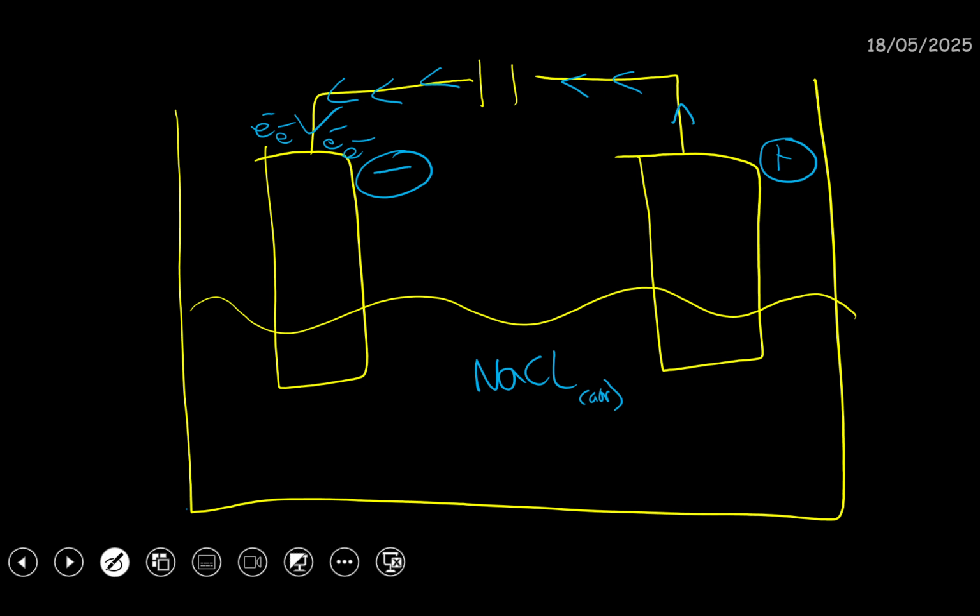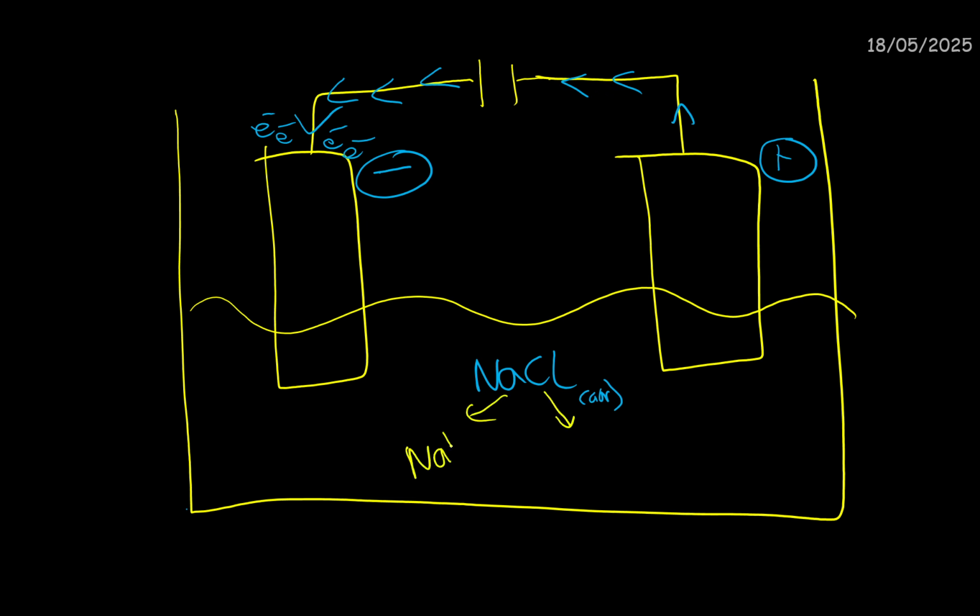When we turn on the electricity, the NaCl splits into Na plus and Cl minus. Now look, opposites attract. So Anaya, where does the Na plus go? Good, to the negative, and the Cl minus goes to the positive. So all your Cl minuses are here and all your Na pluses are here.